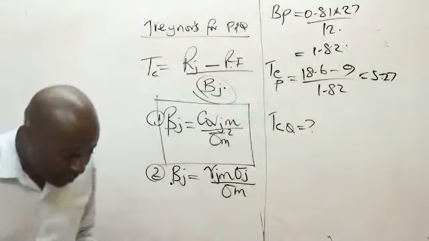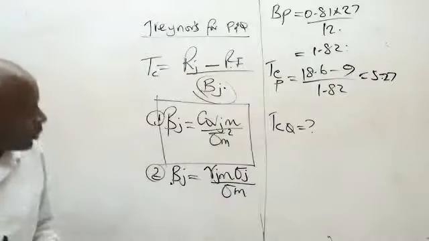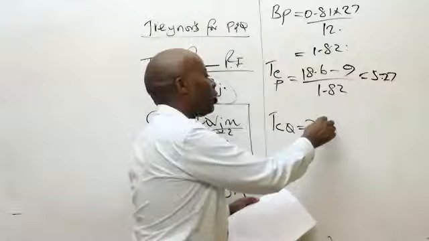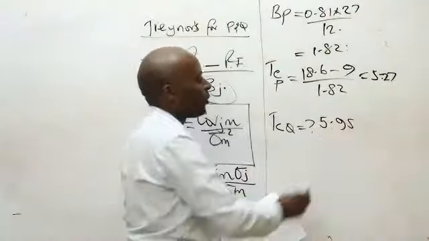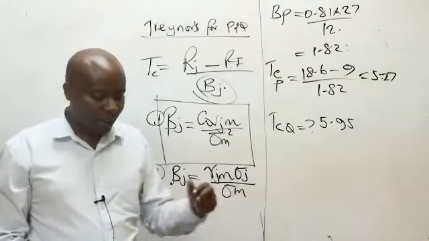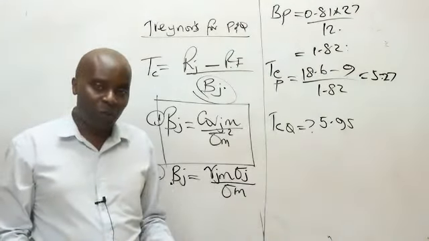I can see most of them saying 5.95. I hope that is the correct answer for the Treynor coefficient of Q. And I want you to go and do that whole question, ladies and gentlemen, later. I just wanted to give you the way forward.